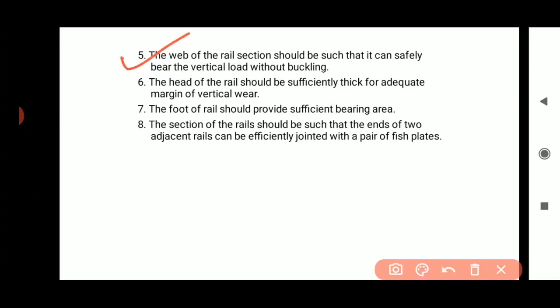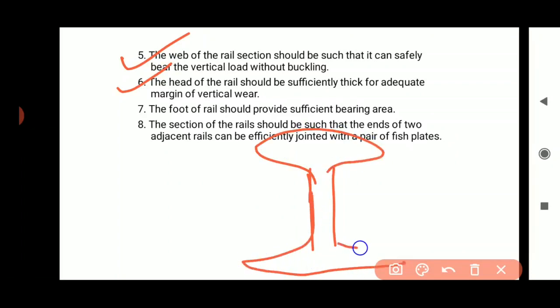The next point is the head of the rail should be sufficiently thick for an adequate margin of vertical wear. That means the head must be sufficiently deep. This is a rail section.